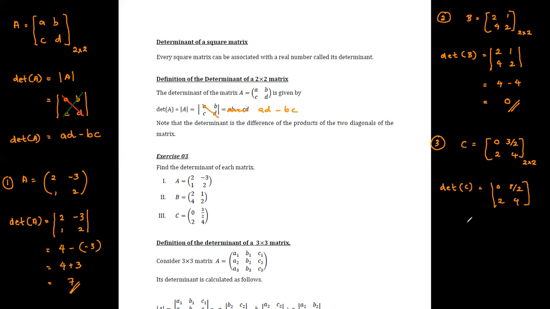Once you take the difference of the products of the diagonals, 0 into 4, the value is 0. Then 2 into 3 over 2, the 2 and 2 cancel out, and you get 0 minus 3, so the value is minus 3.